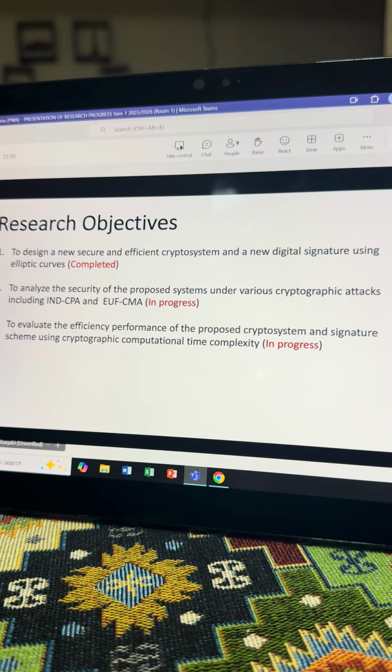The second objective is to analyze the security of the proposed system under various cryptographic attacks, including IND-CPA and EUF-CMA, and this work is in progress. The third objective is to evaluate the efficiency of the crypto system and signature scheme using computational time complexity, to demonstrate that they are practical for real-world deployment.